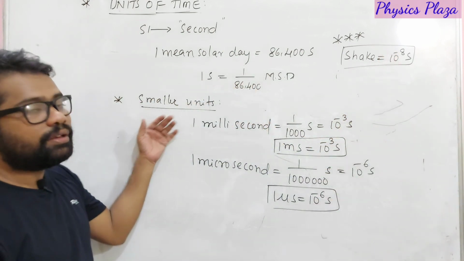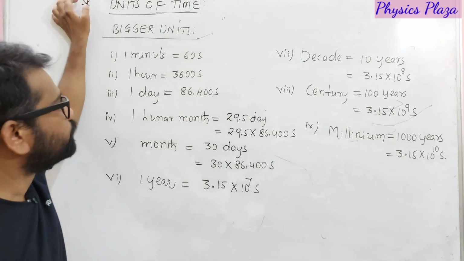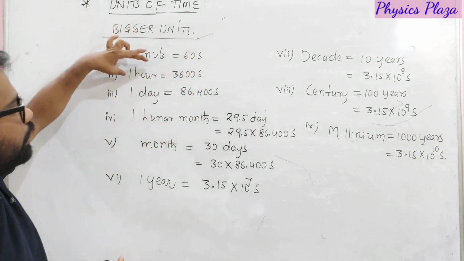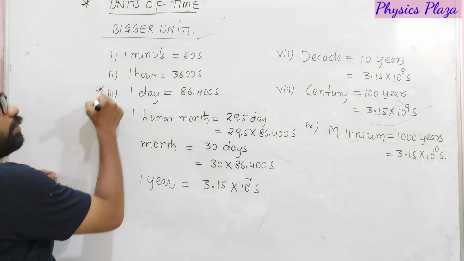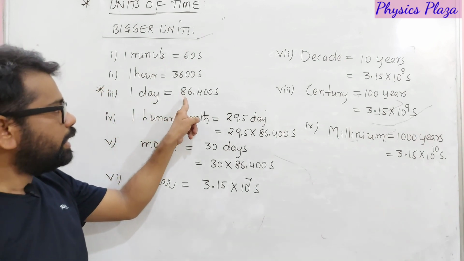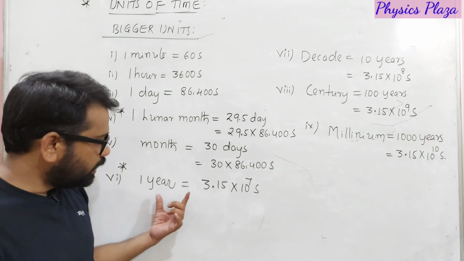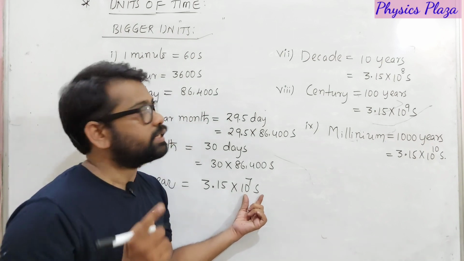Now we will see the bigger units of time. So children, these are the bigger units of time here. Usually we know that a minute is equal to 60 seconds, and 1 hour is equal to 3600 seconds, and this is very important from the examination point of view. 1 day is equal to 86,400 seconds. Actually, this 1 year is very important. So 1 year is equal to 3.15 into 10 to the power of 7 seconds.